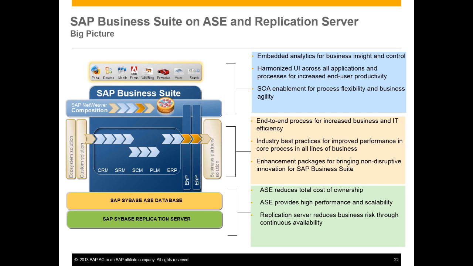Folks have been using ASE and Replication Server for a long time. Now we're putting the whole stack together: you have the Business Suite as an application running on top of ASE, and the Replication Server is providing the HADR capability for the underlying ASE database. So we're really giving you the best of both worlds, with a market-leading ASE.